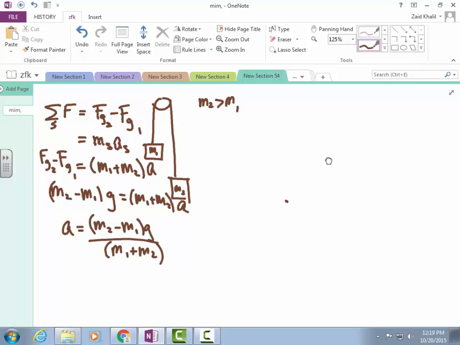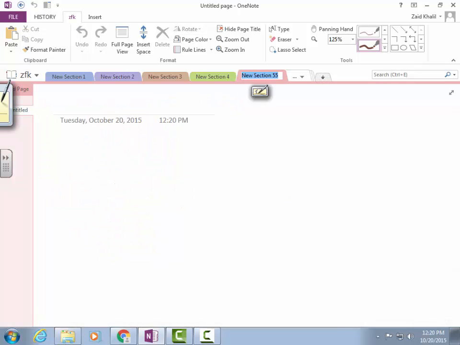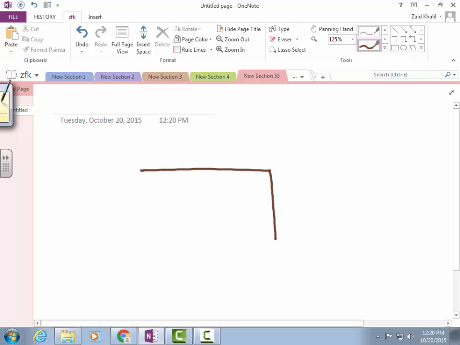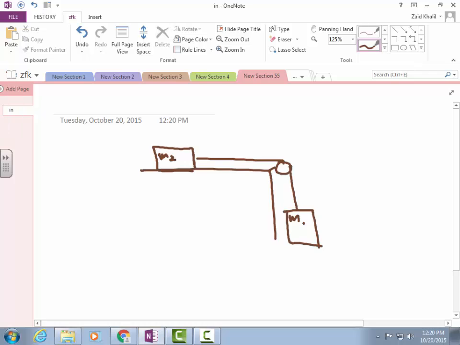And just to give you an idea, let's do table Atwood with friction. This is great. Table Atwood with friction. M1, M2. What's the driving force on the system? That's right. So net force on the system is Fg1.